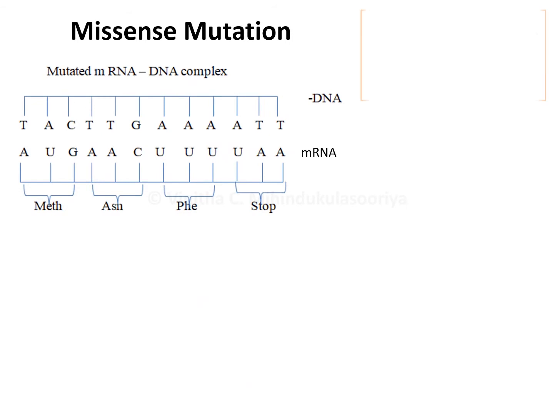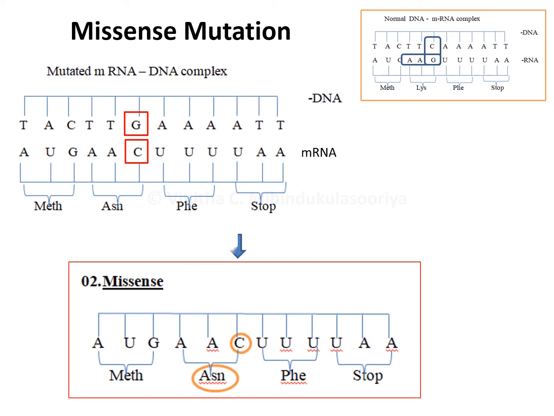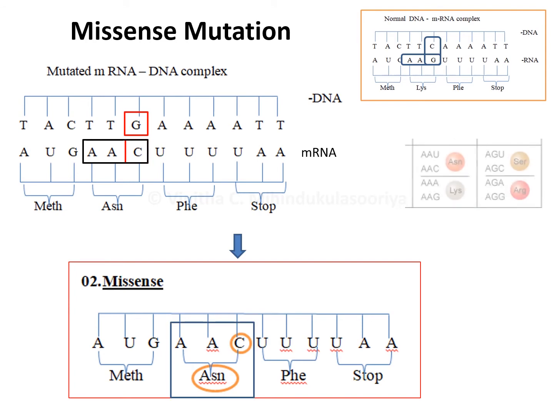Missense mutations. Think about a situation that sixth base cytosine of this DNA strand is replaced by the base guanine. Then the sixth base of the mRNA strand becomes cytosine and the second codon becomes AAC. The codon AAC codes the amino acid asparagine.